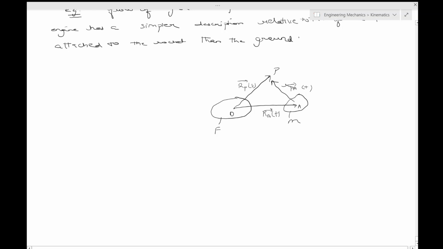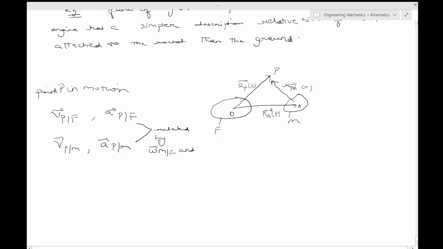Okay, so the point P in motion, material point P on a rigid body is in motion, then V_P with respect to F and A_P with respect to F are its velocity and acceleration with respect to the F frame, and then you have V_P with respect to M, and acceleration of P with respect to the M frame, and they are somewhat related by omega of F and omega dot M of F. Okay.